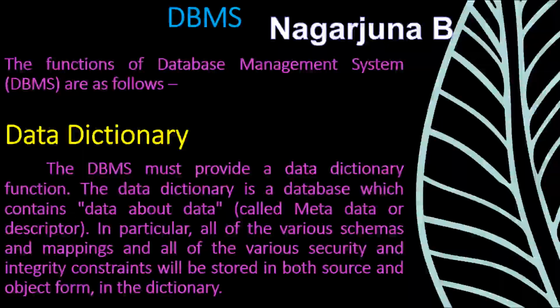It is data about data. It consists of the data present in a database. For that purpose, it is called metadata and also a descriptor. And here it consists of data in both source as well as object form.